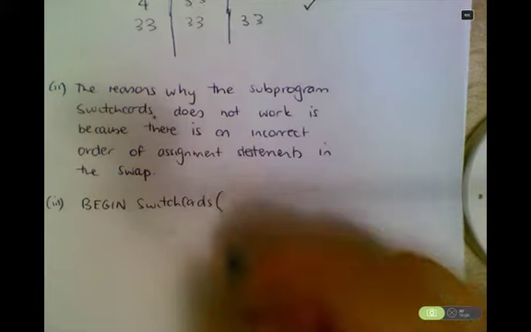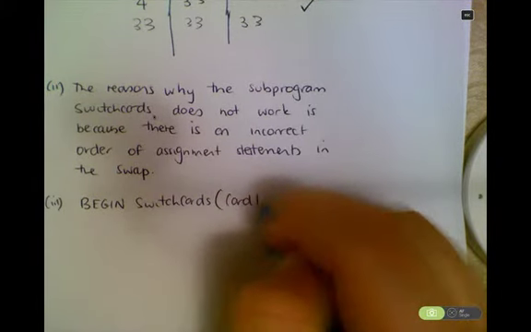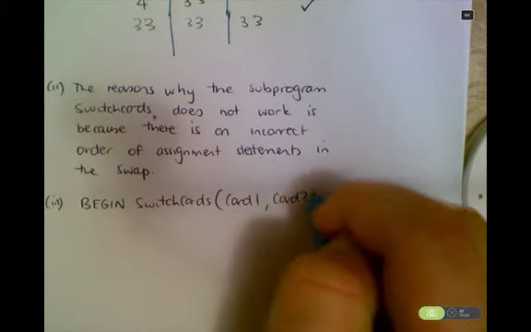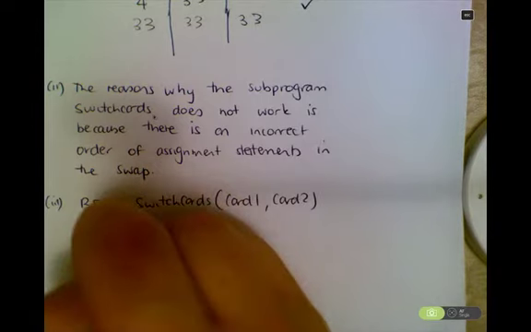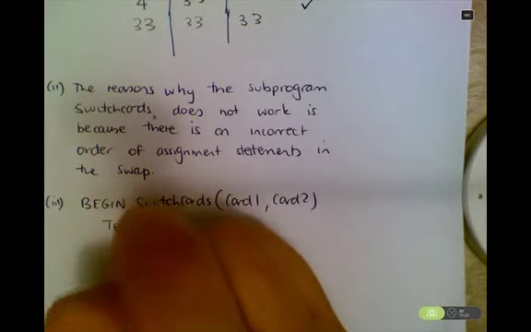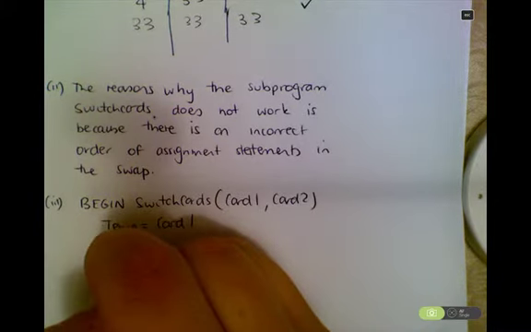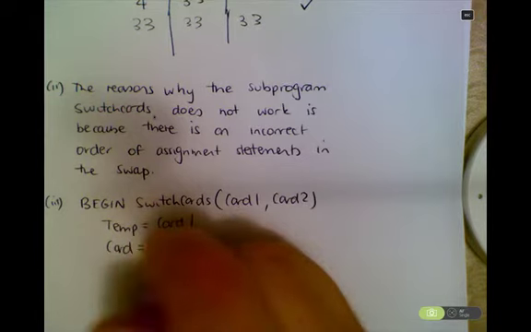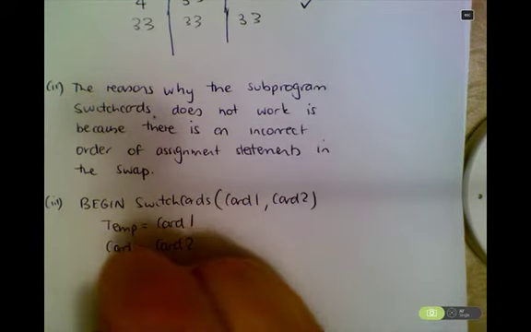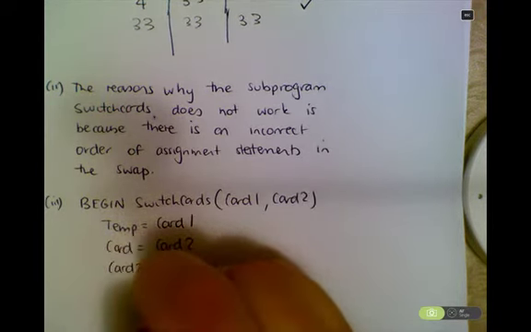We include our parameters, card 1 and card 2, and then we want to say temp is equal to card 1. Then we want to say card 1 is equal to card 2, and card 2 is then equal to temp. And we end that sub-program.